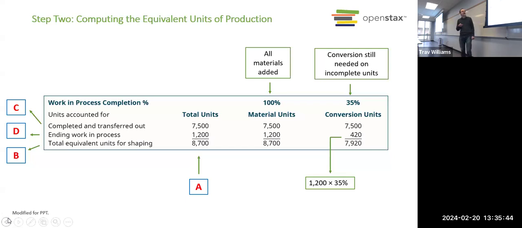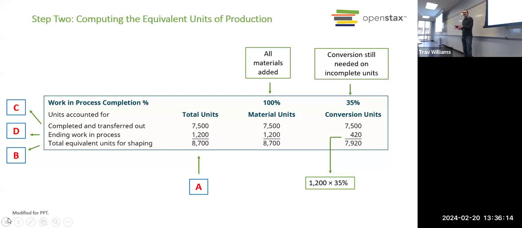Now, another thing I want to point out, this row here, completed and transferred out. In the shaping department, if we have transferred 7,500 drumsticks, or pairs of drumsticks, to the next department, do they need to be fully converted as far as our department is concerned?